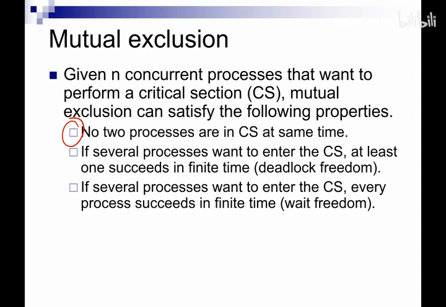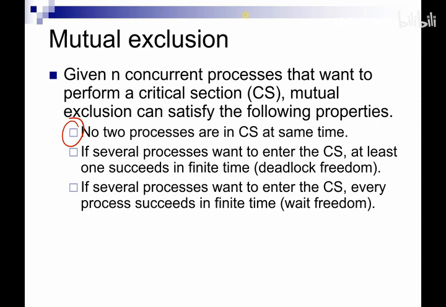Deadlock freedom is just that there might be one process that can enter, and that process maybe can enter multiple times, in fact, because it can enter the critical section and then come back again and enter again. That would be fine for deadlock freedom. But in wait freedom, you want to make sure that eventually everybody gets a chance to enter the critical section. Let's illustrate this with an example.